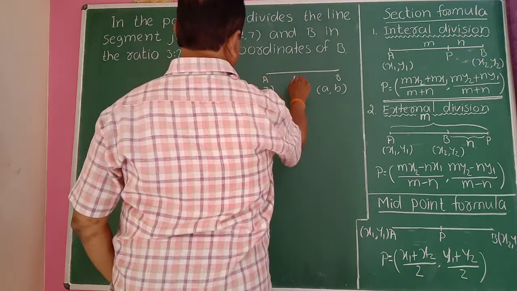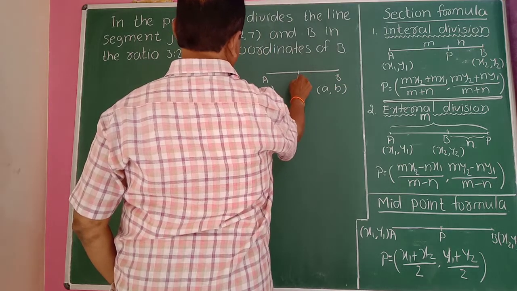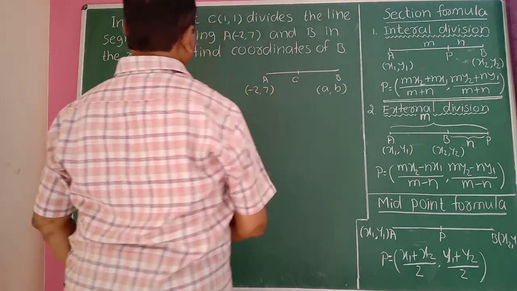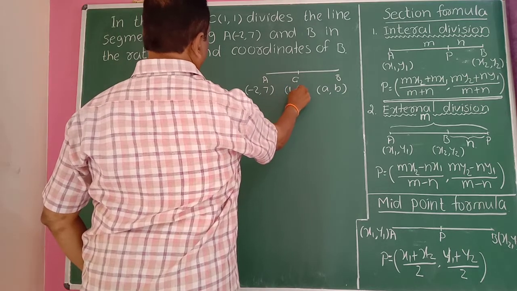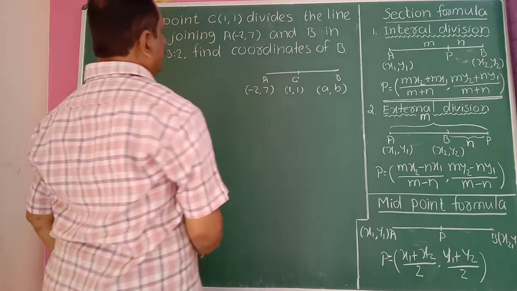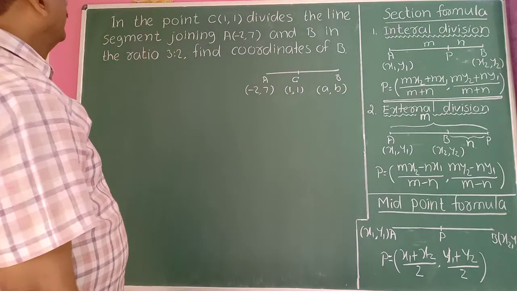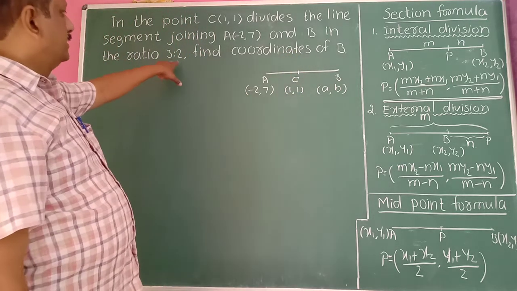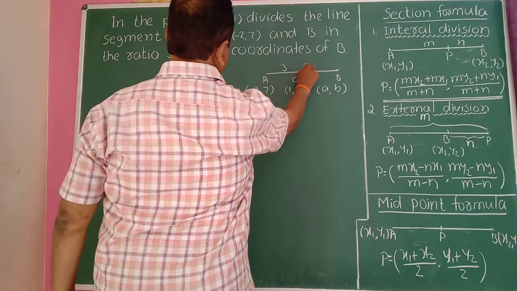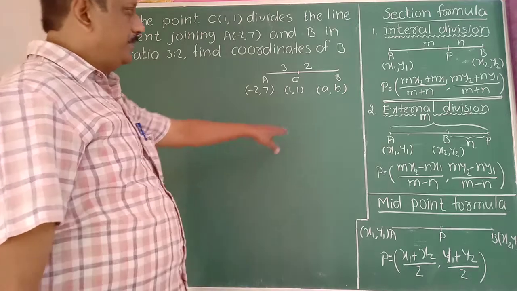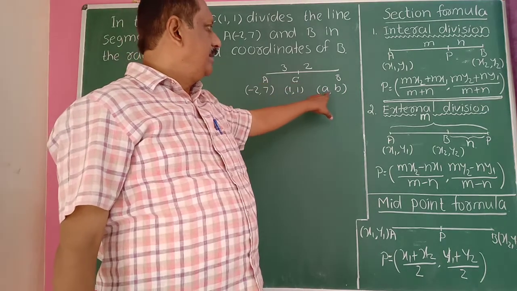Here C is the point, and its coordinate they already gave: the coordinate of the point C is 1 comma 1. Also they gave the ratio 3:2. C divides AB in the ratio 3:2. Then find the coordinate of B, means find a and b values.